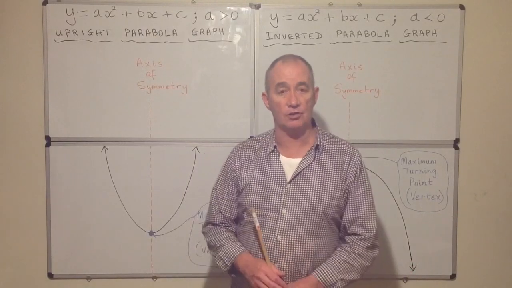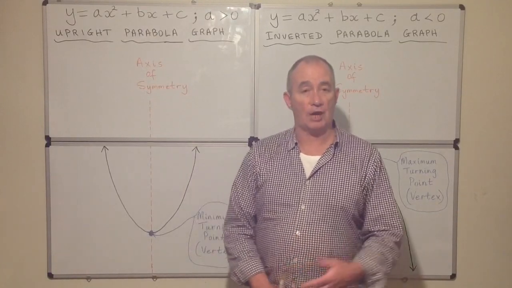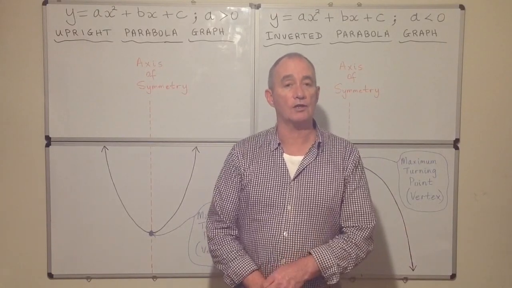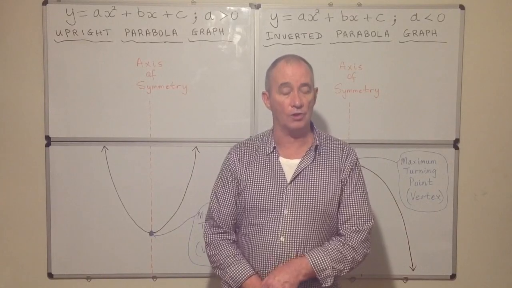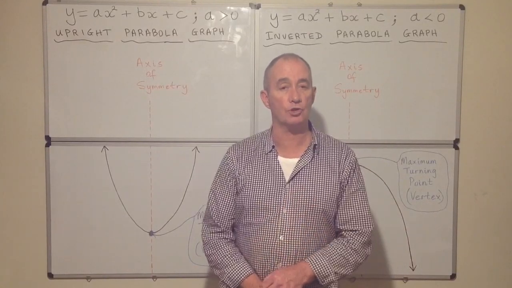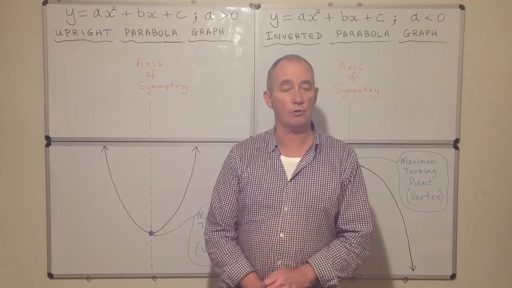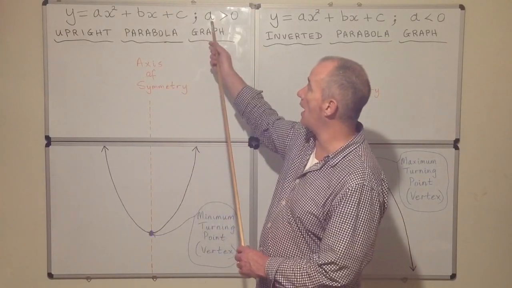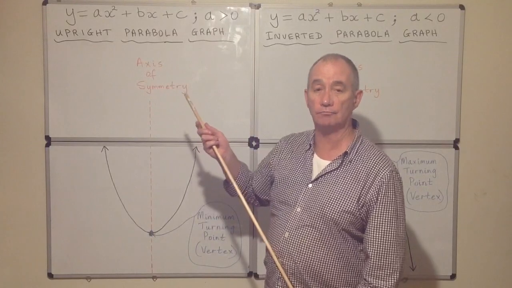Now, continuing with lesson 2, we established last lesson that graphs of quadratic equations are smooth curves called parabolas, and there are only two possible shapes for these parabola graphs. The first possible shape occurs when a is greater than 0.